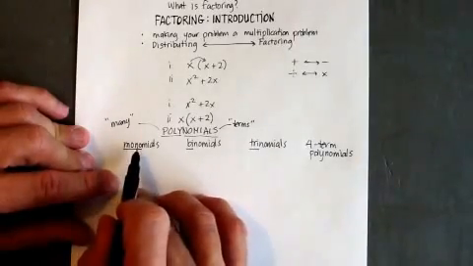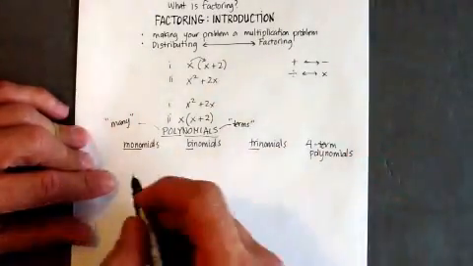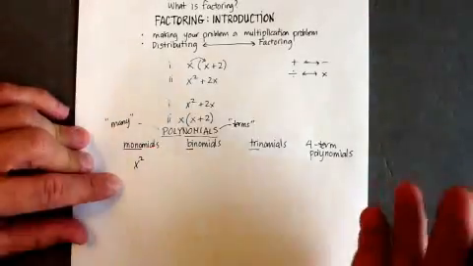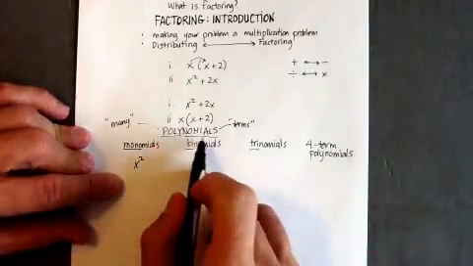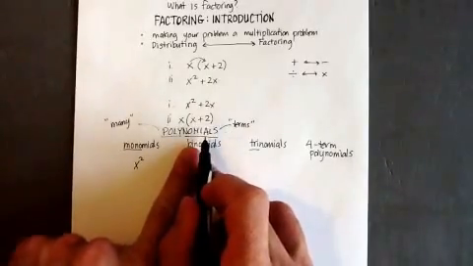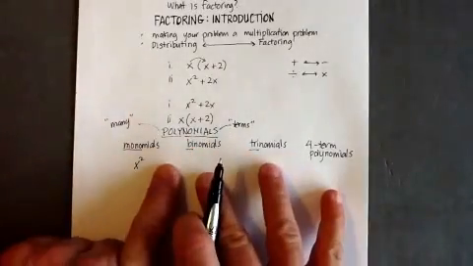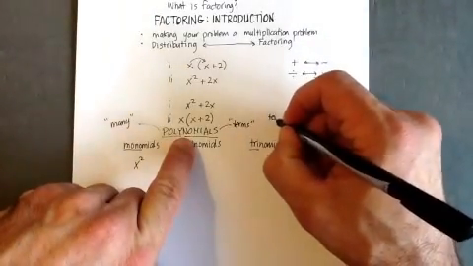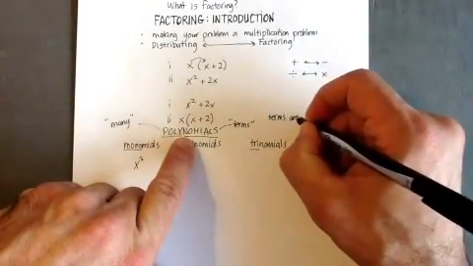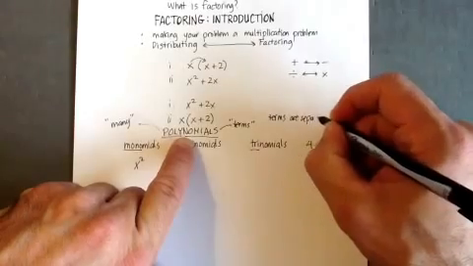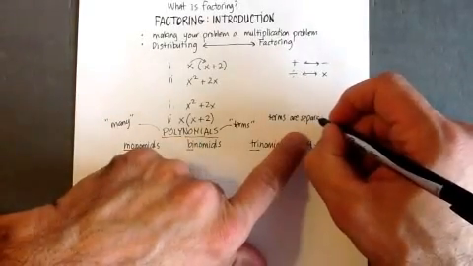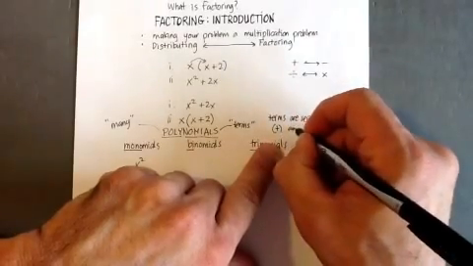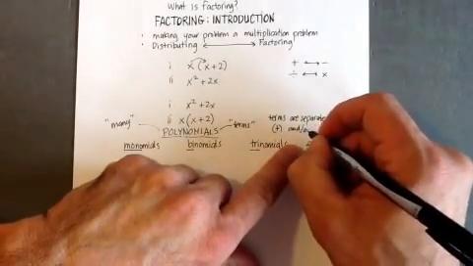So monomials are one term. So something like, for example, x squared is like one term. Now, the other thing that you need to know about terms of polynomials is that in polynomials, the terms are separated by additions and or subtractions.